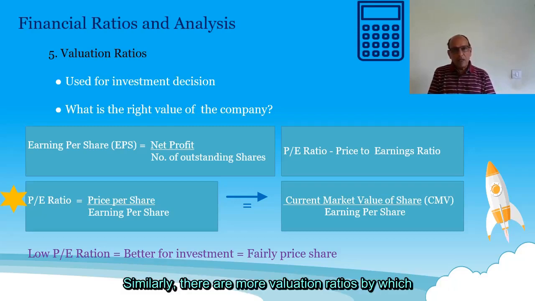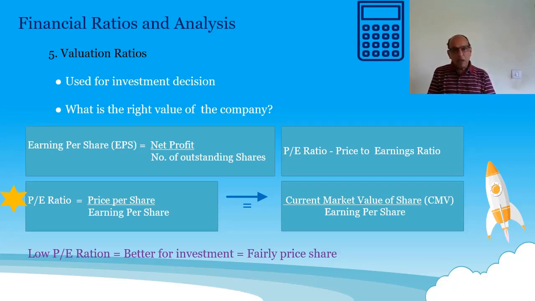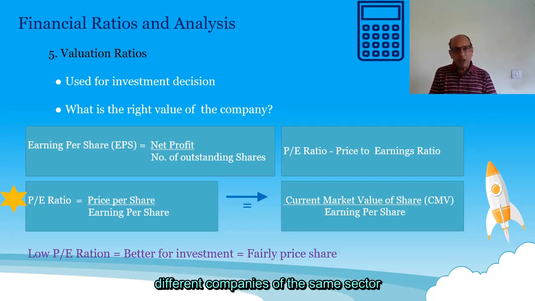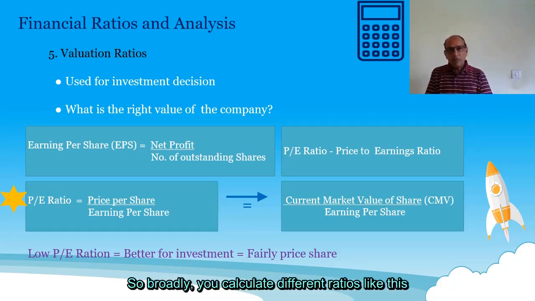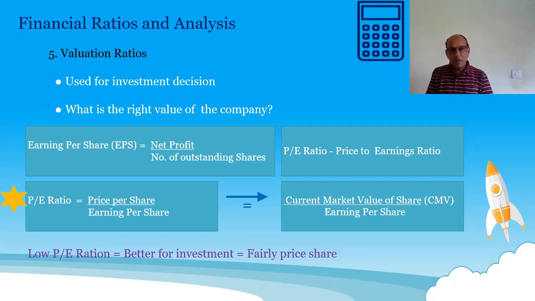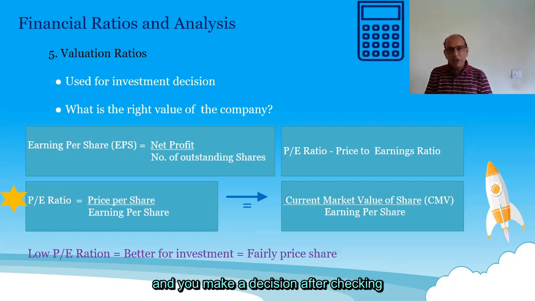Similarly, there are more valuation ratios by which you can compare different companies of the same sector. So broadly, you calculate different ratios like this, and you make a decision after checking that a company is performing good, how is its profitability, liquidity.